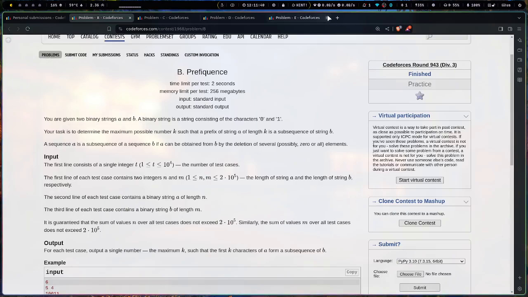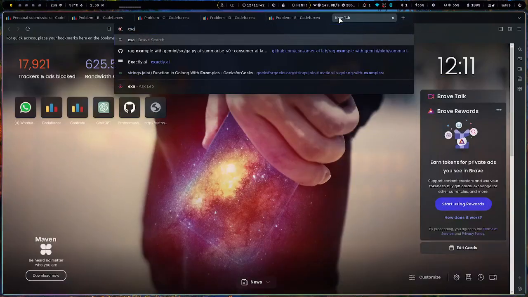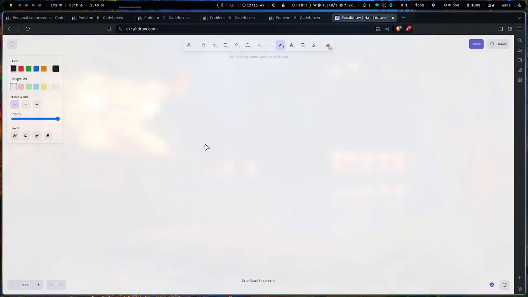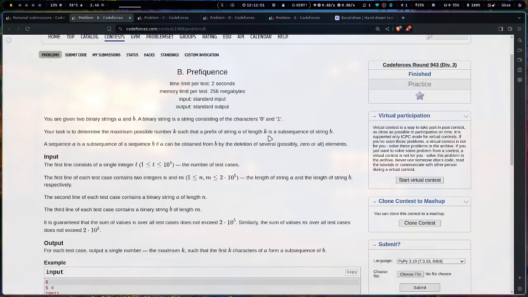Now what is a subsequence? I will show you by taking an example. Subsequence means the order remains the same, and if we delete some characters from b, we are able to get the prefix of length k.